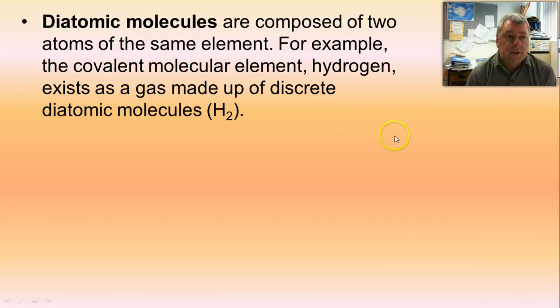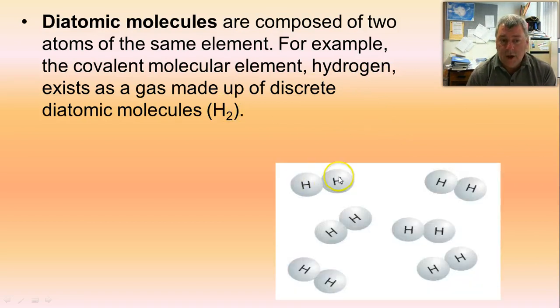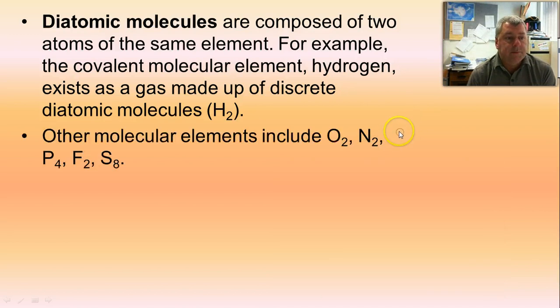So, diatomic molecules are composed of two atoms of the same element. For example, hydrogen, H2. If we have a look at it, two hydrogens with a covalent bond there, so a shared pair of electrons, and they're all discrete, moving around depending on what state it's in.